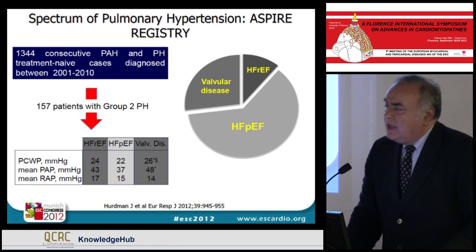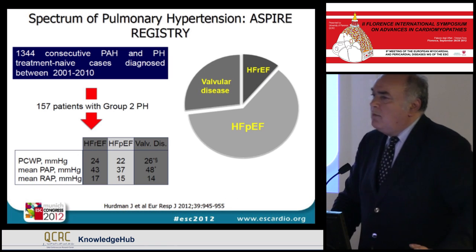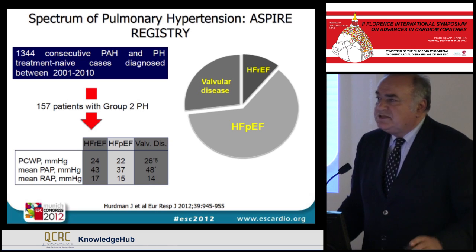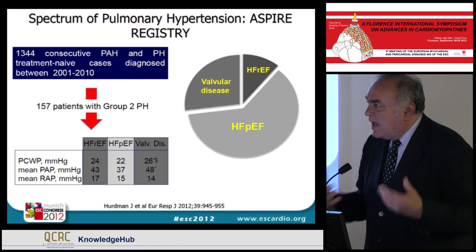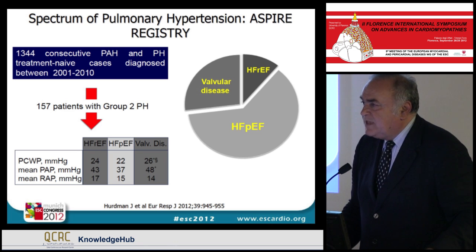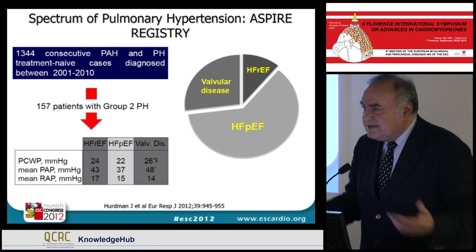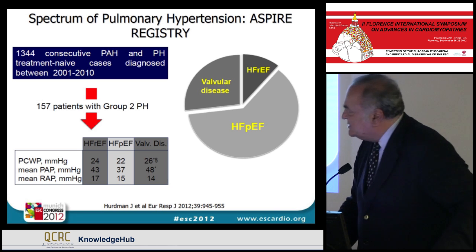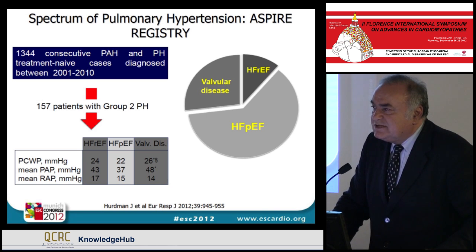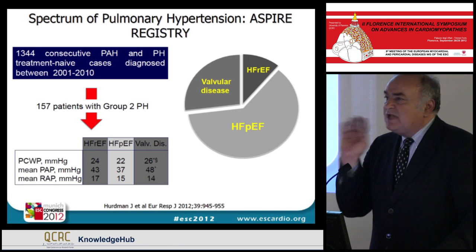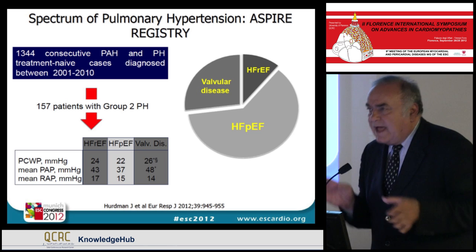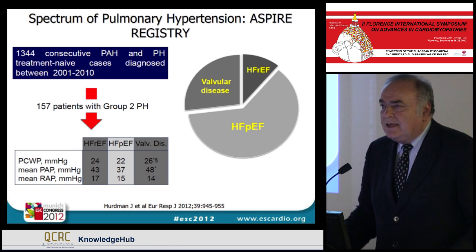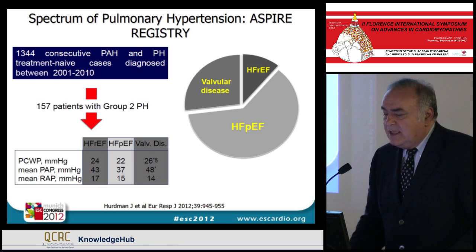Just an example, as you know, the concept of pulmonary hypertension is trendy in the current era. Many industries are producing drugs for the treatment of pulmonary hypertension. Many seminars dedicated to pulmonary hypertension exist. And so many patients are labeled just as having pulmonary hypertension without analyzing the underlying entity, the underlying possibility.